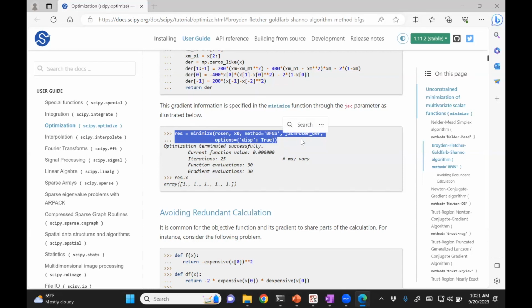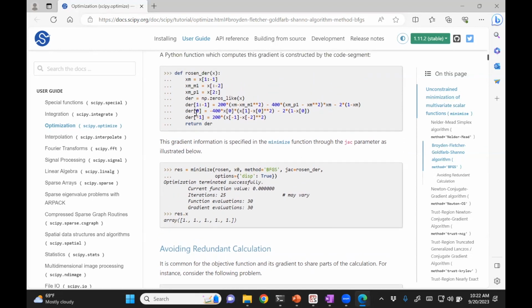Okay, method. You can see there's something called jac. Jac is basically the Jacobian. We've learned what a Jacobian is. It's the derivative of the function with respect to the variables. In this case, f is a function of x1 and x2. So the derivative of f with respect to x1, x2 will be a 1 cross 2 matrix, and that's what they've provided. Actually, you can see it here.